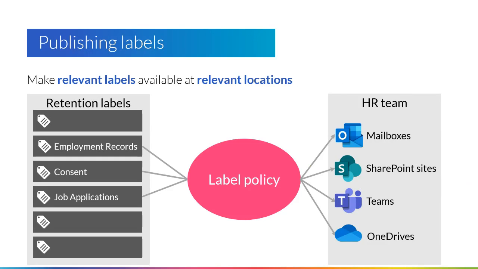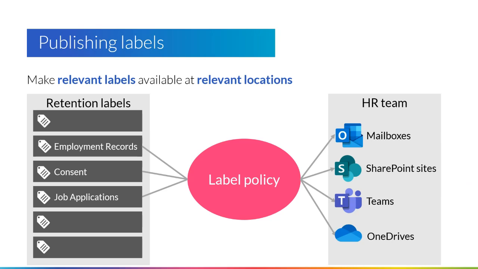So if you're publishing labels for users to use manually or to configure defaults, you create a label policy. What you're trying to do here is make a relevant subset of your labels available at relevant locations. In this case, we've got a subset of our labels that are relevant to an HR team: employment records, consent agreements, job applications.